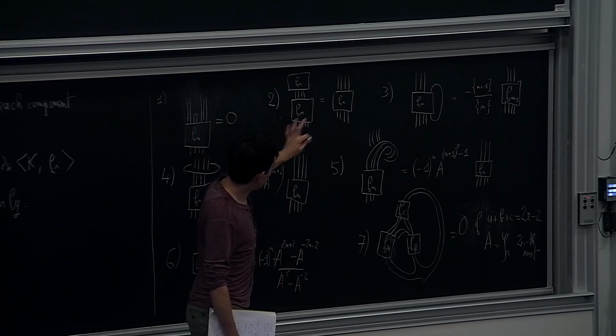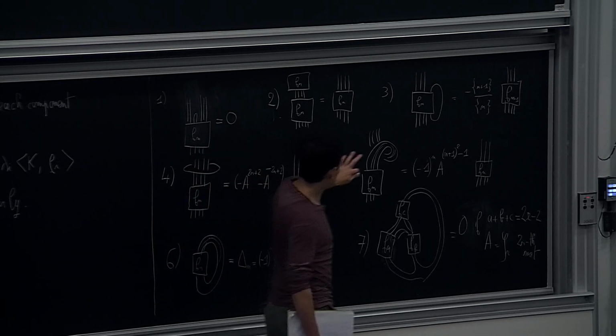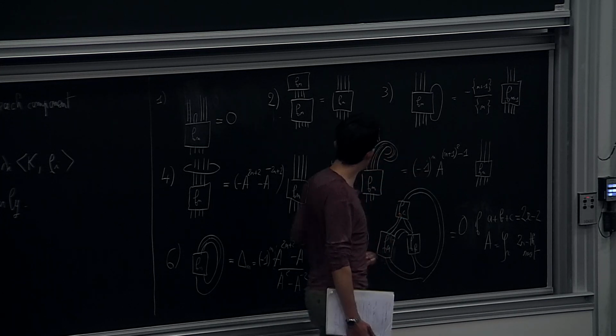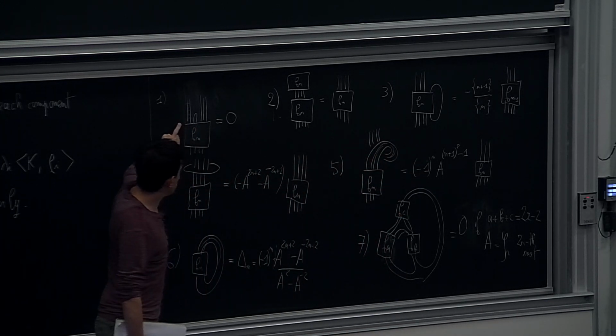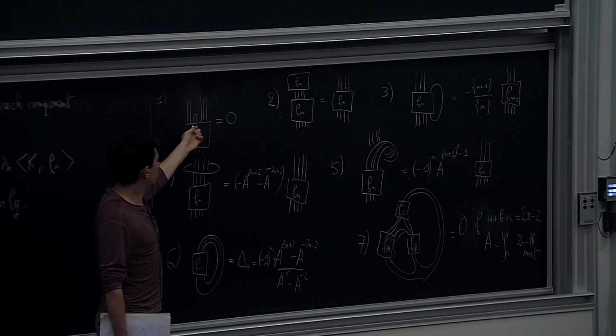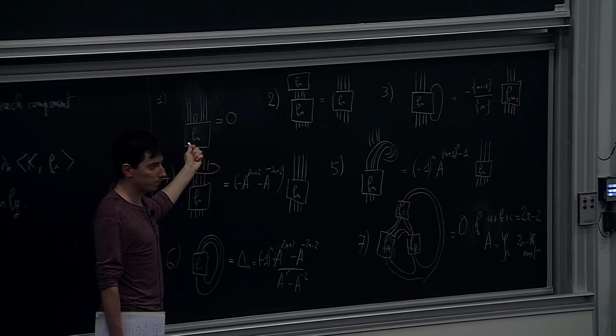And here you have other relations that are helpful to be able to show this relation. One relation which is quite important for computation is this one: whenever you have a strand that goes out of the Jones-Wenzl idempotent and comes back, you get 0.